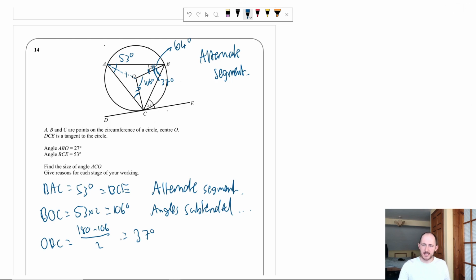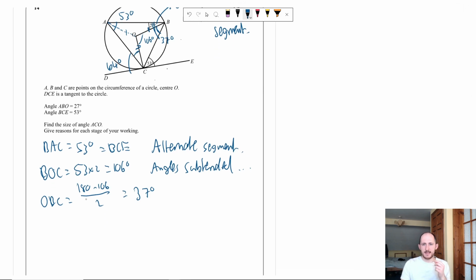Okay? Which means this angle is 64 degrees. Now I can just do 90 minus this angle would give me ACO. That's it. That's quite a lot. I'm hoping that makes a bit of sense. Hopefully. But let's get to it.